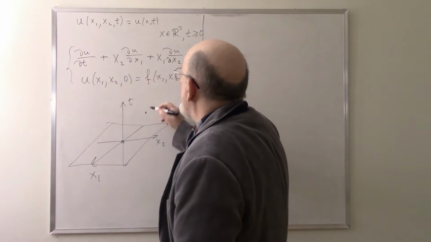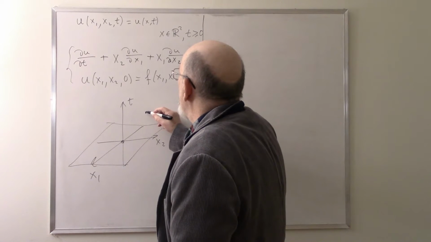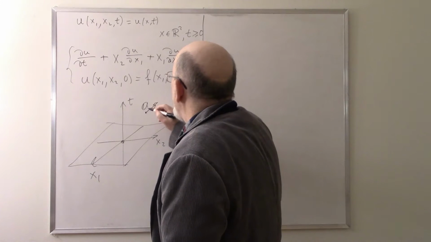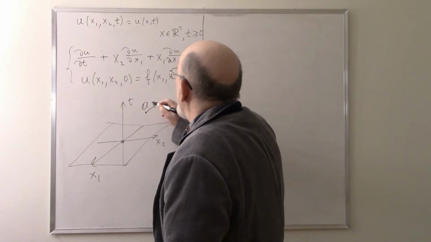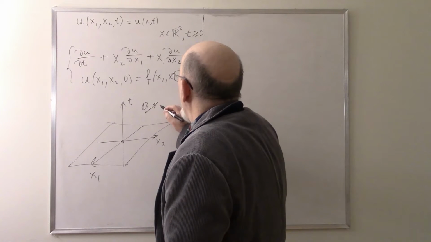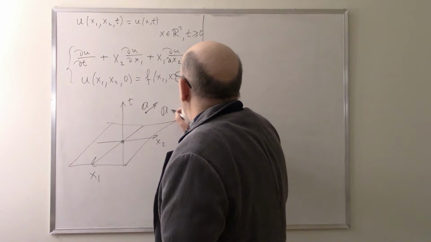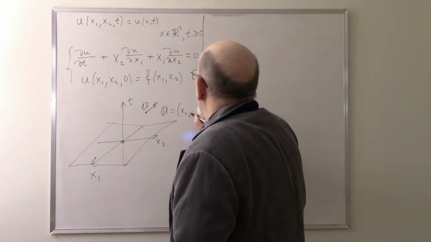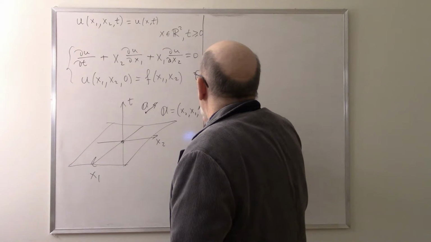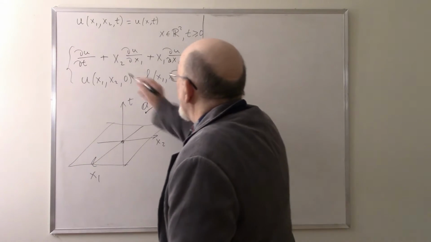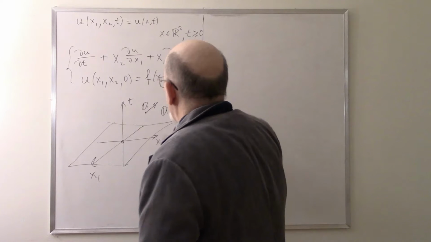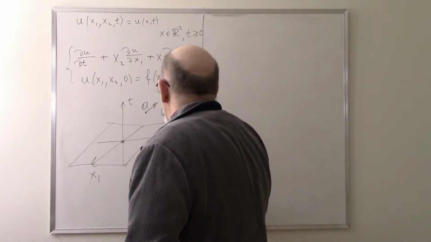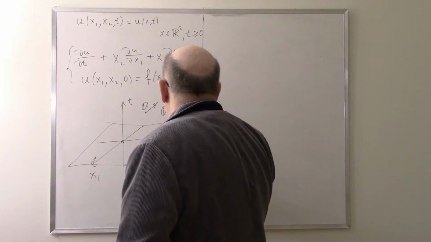It is the derivative of the function u in the direction of vector, say, a, depending on x. A has the following components: x2, x1, and 1. So the equation is therefore the derivative of the function u in the direction of vector a equals 0.